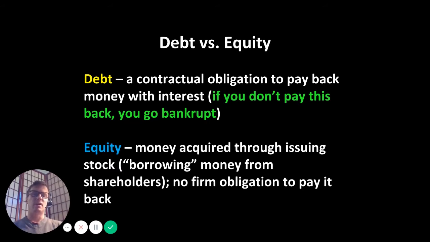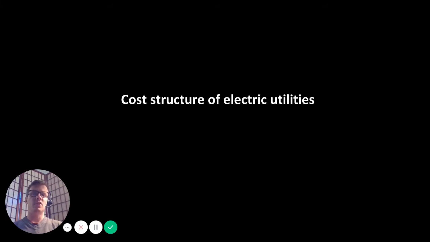So that could be, in the case of Duke Energy, power plants or transmission lines or distribution systems. And so some of that infrastructure is financed through equity. In other words, the utility is borrowing money from the shareholders, and the shareholders expect to make a profit on their investment. So let's take a look at the cost structure of a typical electric utility.